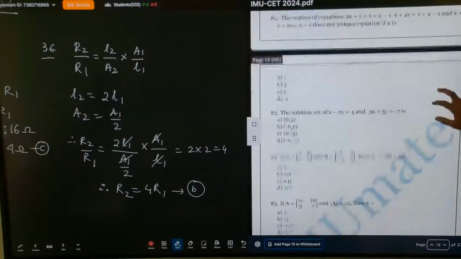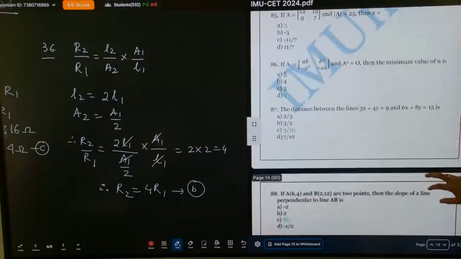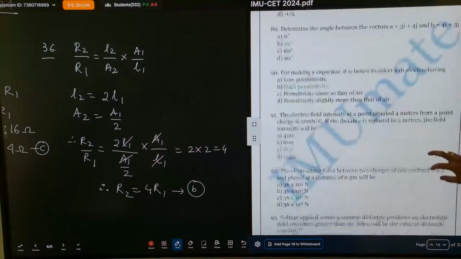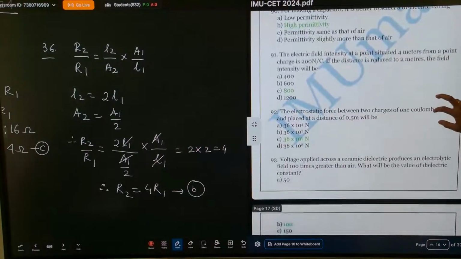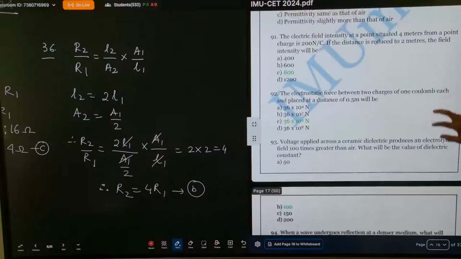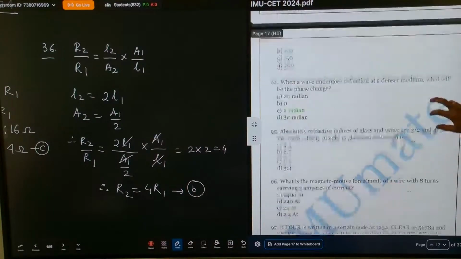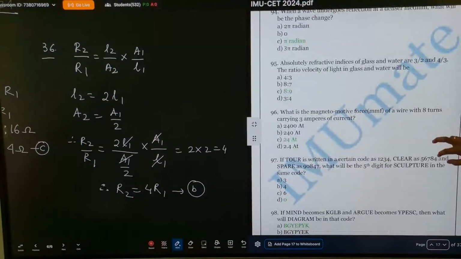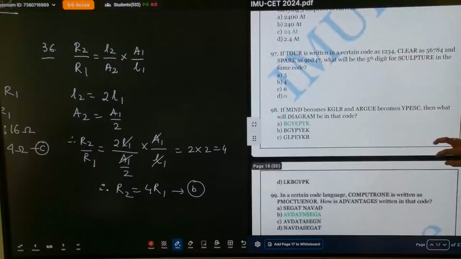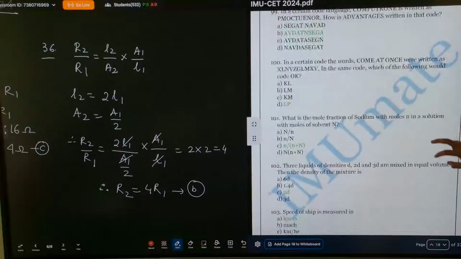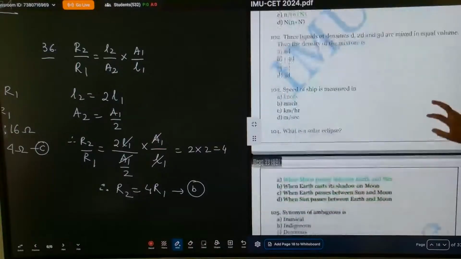Matrix, okay, maths. Intensity, force. Okay, we'll start with current electricity. Sorry, electrostatics. Then that would also get covered. I'm assuming there are no questions left on current electricity.